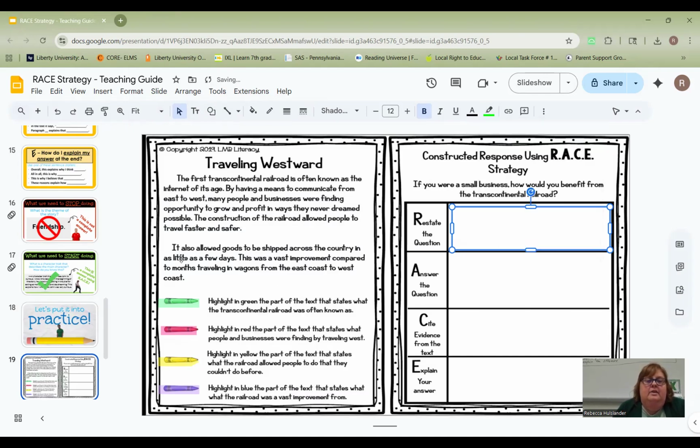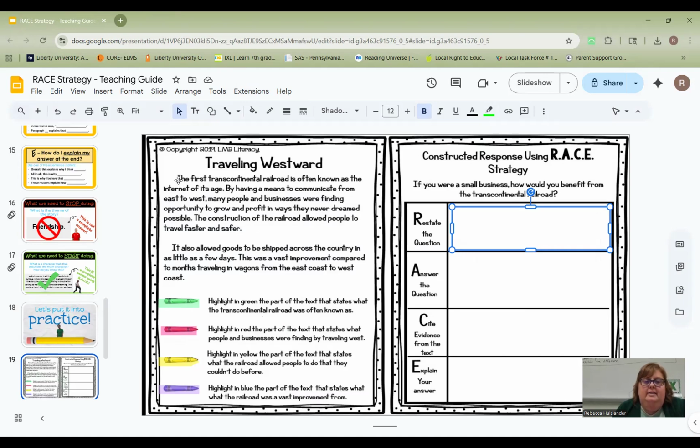Yay. Okay, perfect. So first, the Transcontinental Railroad is often known as the Internet of its age. Highlight in green the part of the text that states what the Transcontinental Railroad was often known as.